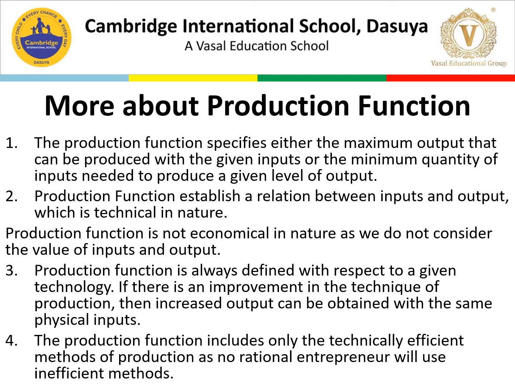The first point: the production function specifies either the maximum output that can be produced with the given inputs or the minimum quantity of inputs needed to produce a given level of output. So what it tells you is that production function defines the maximum output we can get if we use the inputs that are available. The second thing is the minimum quantity of inputs we need so that we can produce a given level of output. This is also specified by production function.